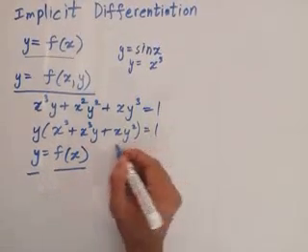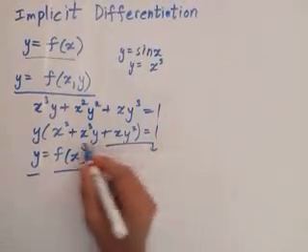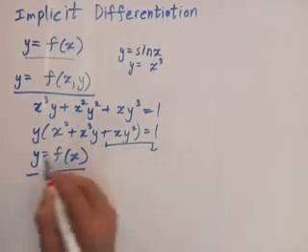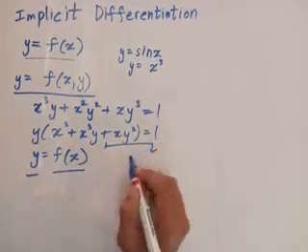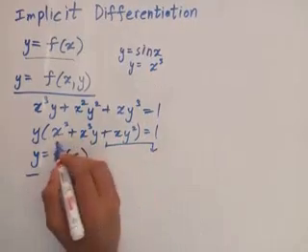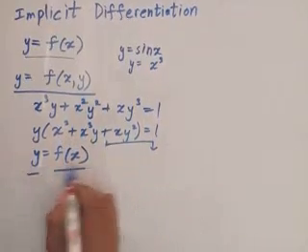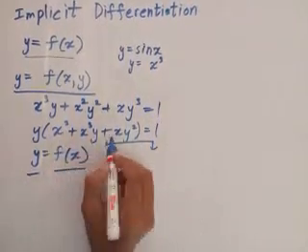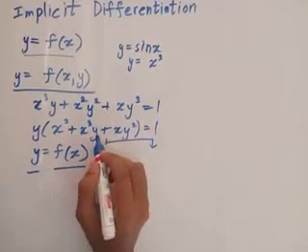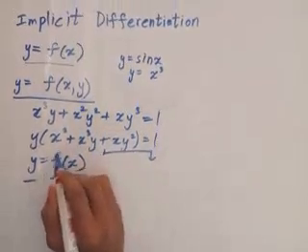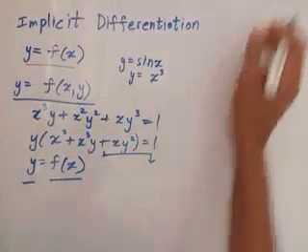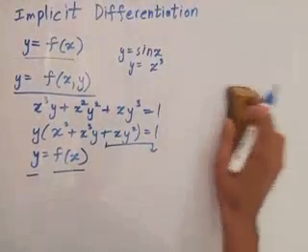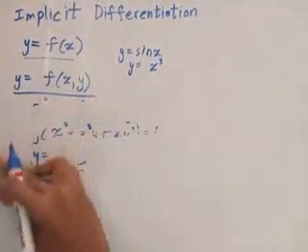You can try to separate x, y and try to manipulate this algebraically, but you will always have on one side of the equation a function of both x and y. So such a function is called an implicit function.